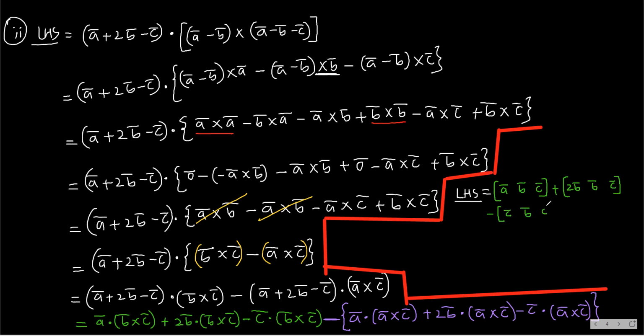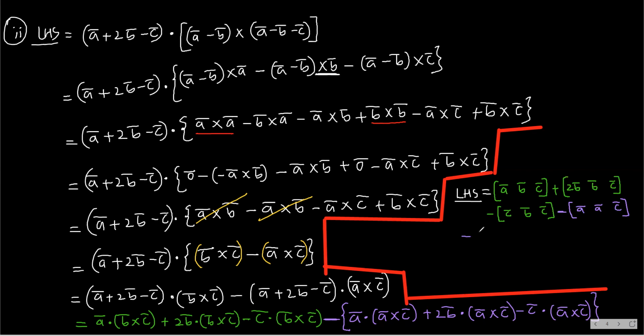Then now open the bracket. So see minus, you will have minus a bar, c bar. Again minus. This plus becomes minus. Minus. What do you have?